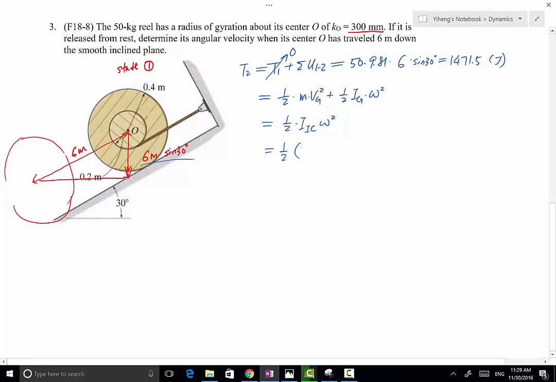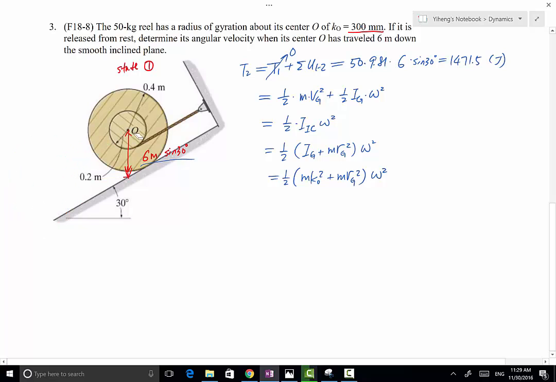So I_IC can be determined by IG plus m rG squared, which is the parallel axis theorem, and IG can be determined by the radius of gyration, which is m kO squared plus m rG squared, times omega squared. So we know what kO is. We need to find out rG. In other words, we need to locate the instantaneous center of zero velocity.